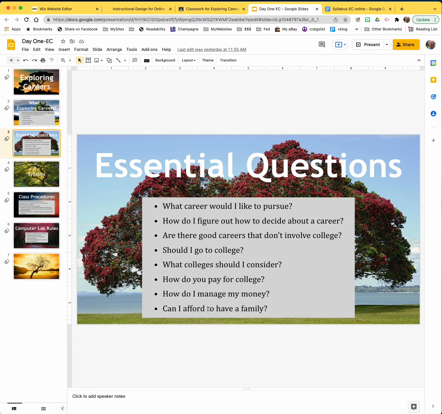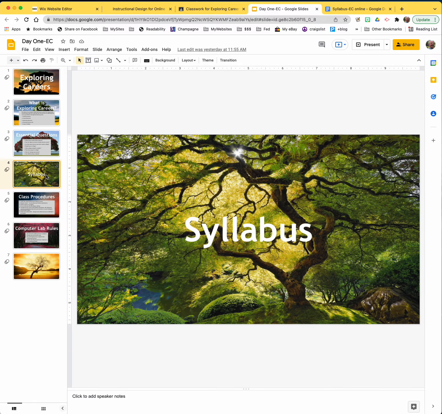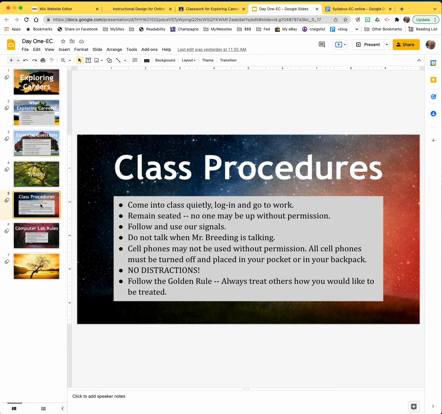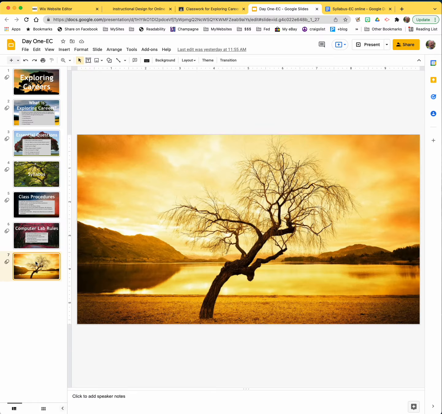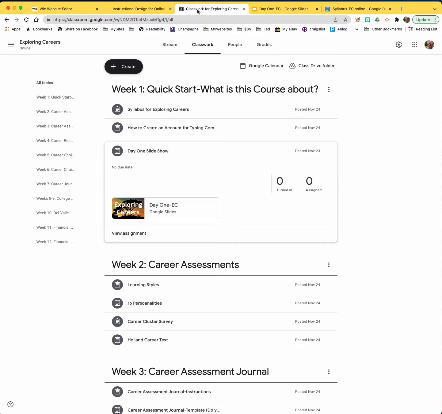How do I manage my money? Can I afford to have a family? And here's where we'll talk about the syllabus, classroom procedures for the in-class version of this, and also the in-class version has laboratory rules. Okay, so back to Google Classroom.